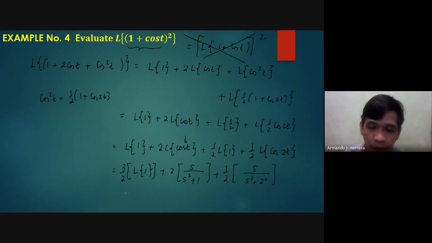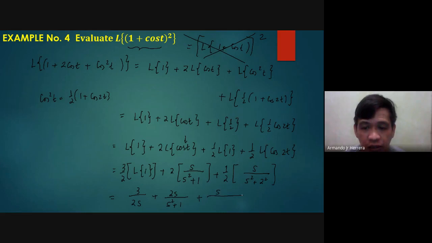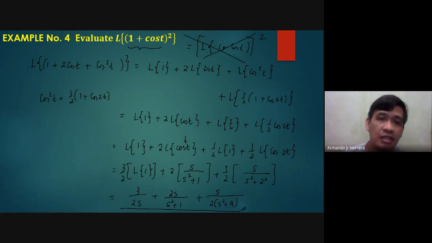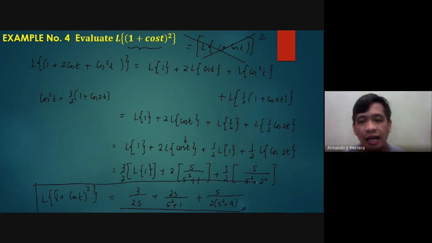But the Laplace transform of 1 is 1 over s, so that gives us 3 over 2s, because 3/2 times 1 over s is 3 over 2s, plus 2s over s squared plus 1, plus s over 2 times the quantity s squared plus 4. So this must be the Laplace transform of the function, that's the Laplace transform of 1 plus cosine of t raised to the second power. So that therefore is our final answer.